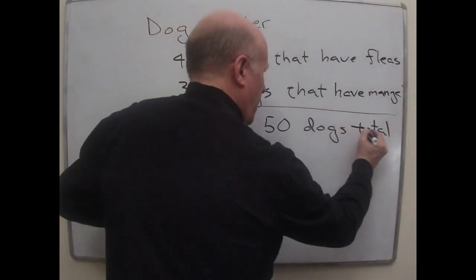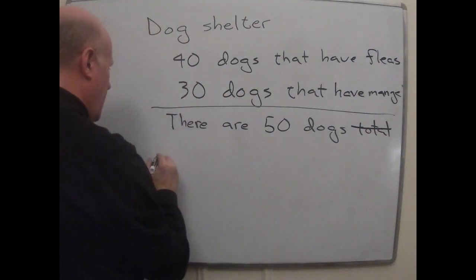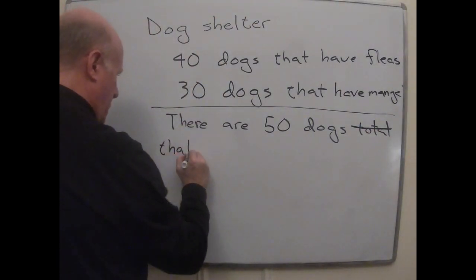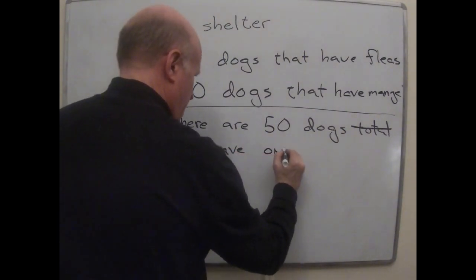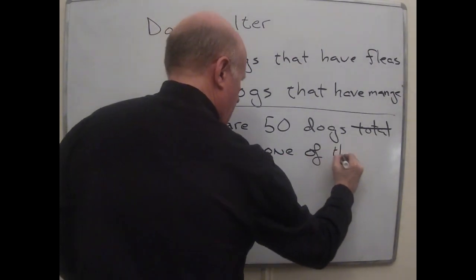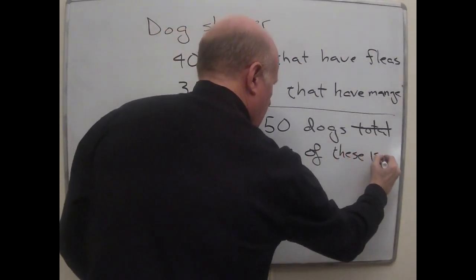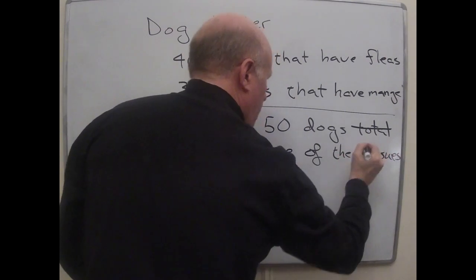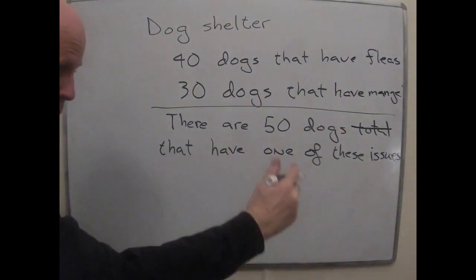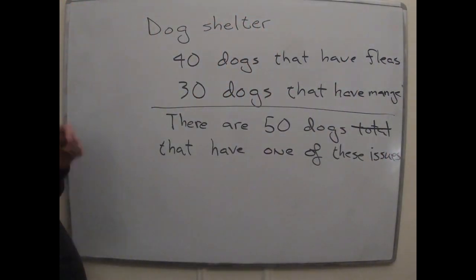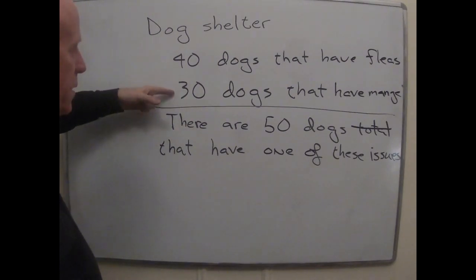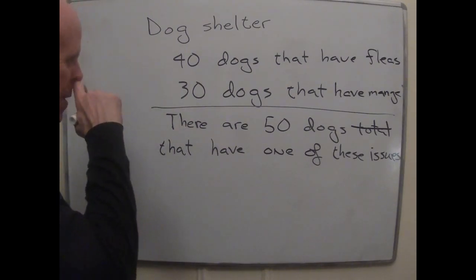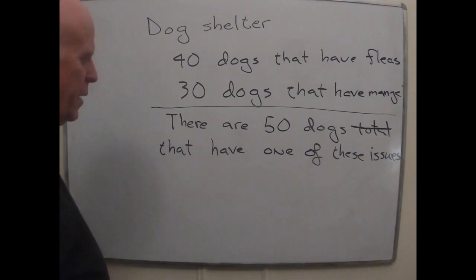That's not quite right. There are 50 dogs that have one of these problems. There probably are dogs that have neither fleas nor mange, and you can put them up for adoption. So this is the question I wanted to get at. We've got 50 dogs with problems. 40 of them have fleas, 30 of them have mange. What can I figure out from this?